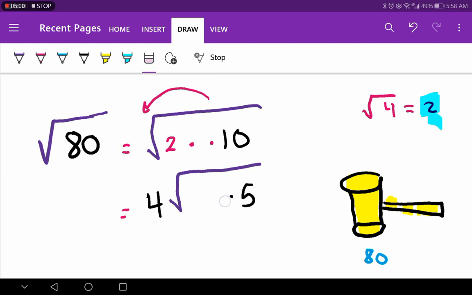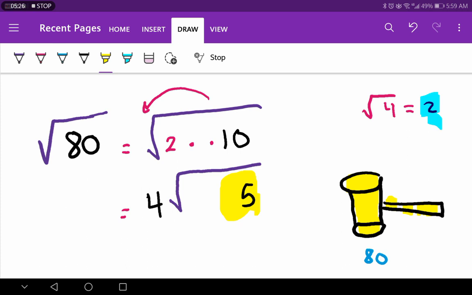How do I know I'm done, teacher? If you check the number inside the radical, which we call the radicand, it is a prime number. If you hit it with your hammer, you will not get any perfect square number.